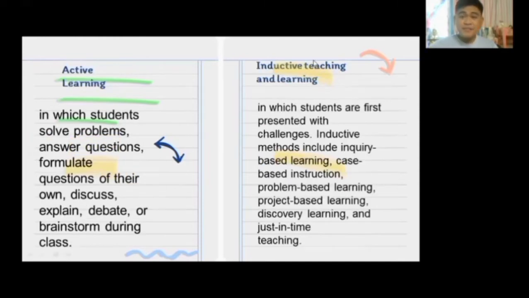While in inductive teaching and learning, students are first presented with challenges. So this is the approach of inductive: from the challenges or from the details, then to the general. There are specific details, and then the general details or approaches are presented.